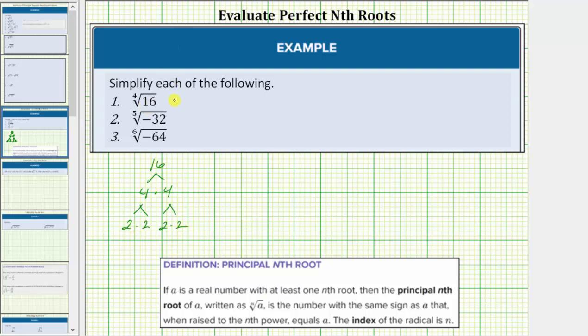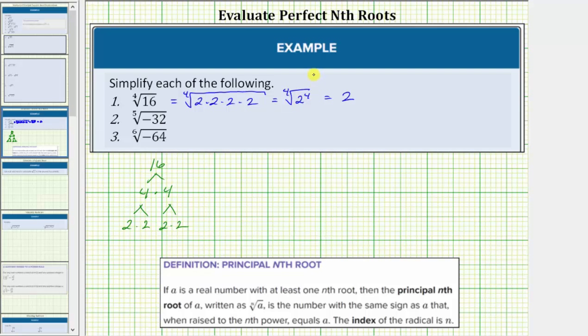Notice how 16 is equal to 4 factors of 2. So the fourth root of 16 equals the fourth root of 2 times 2 times 2 times 2, which we can write as the fourth root of 2 to the fourth. So because 2 to the fourth is equal to 16, the fourth root of 16, or the fourth root of 2 to the fourth, simplifies perfectly to 1 factor of 2.